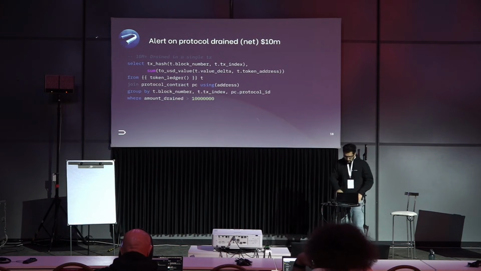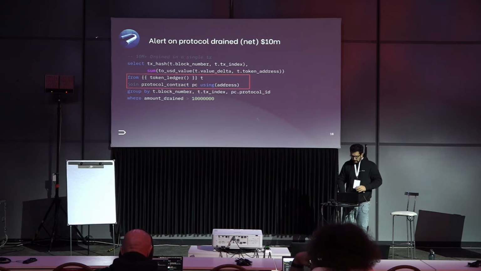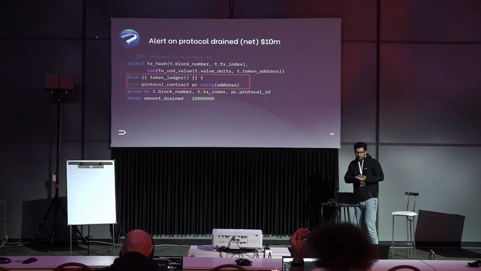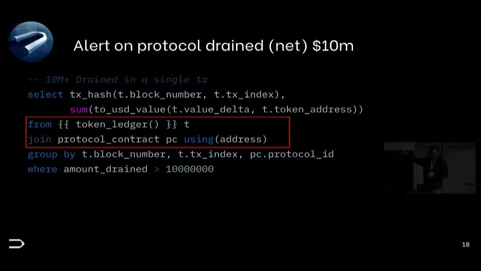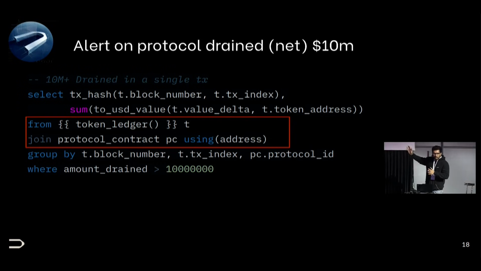And the way it works is still we have token ledger, but we join the token ledger to a table called protocol contract, which defines a lot of protocols in our system, and you can include more and more protocols if you want to. Okay? And it is joined by the address that is in the token ledger.